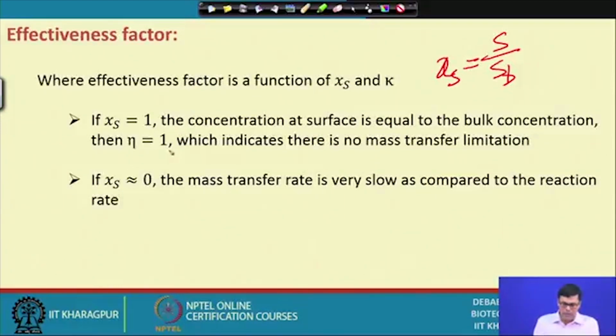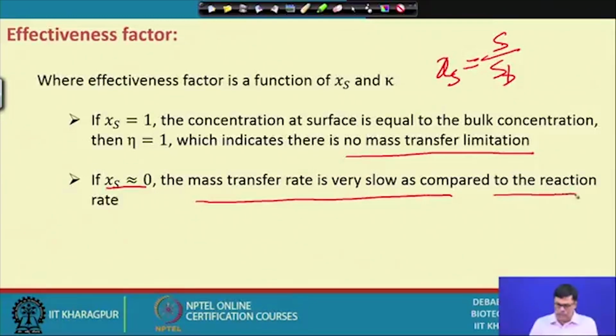Then the eta value will be 1, which indicates there is no mass transfer limitation, what I pointed out before. But when Xs tends to 0, that means Sb is very high as compared to S, then the mass transfer is very slow as compared to the reaction rate. I hope you understand that.